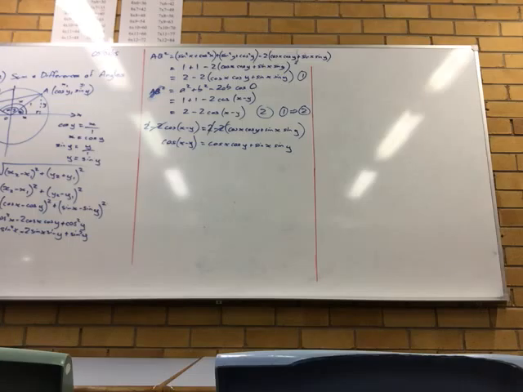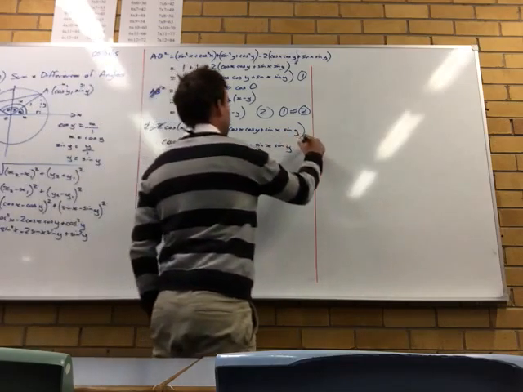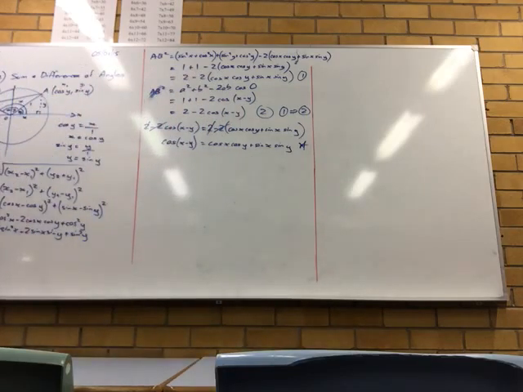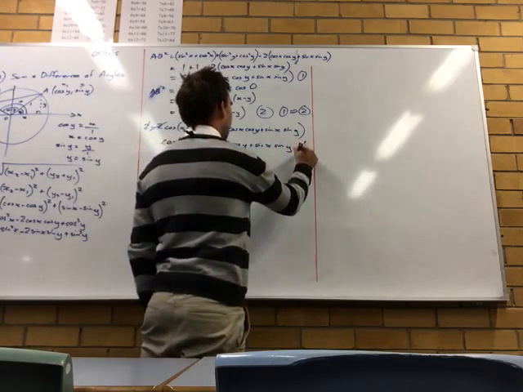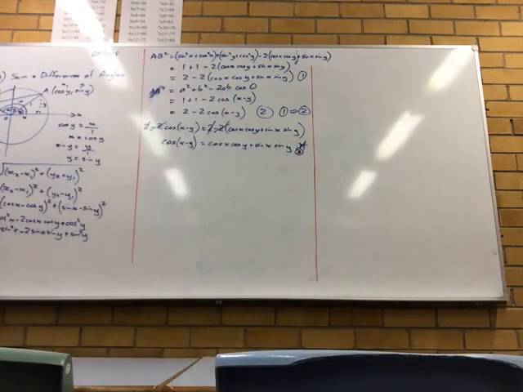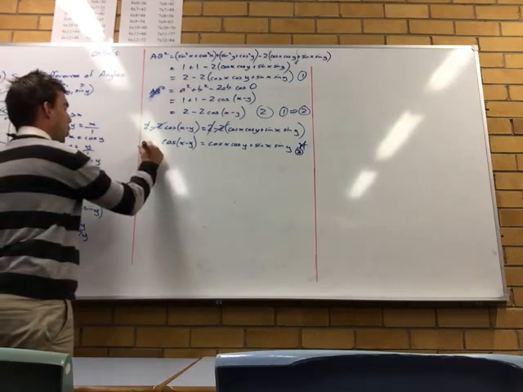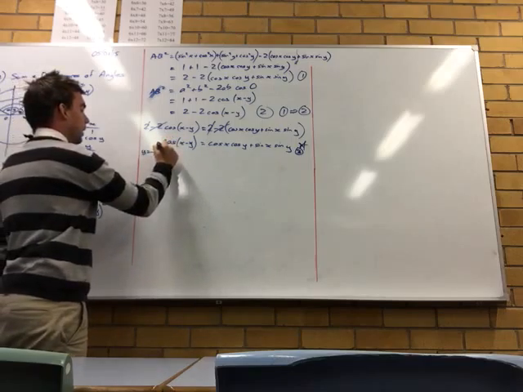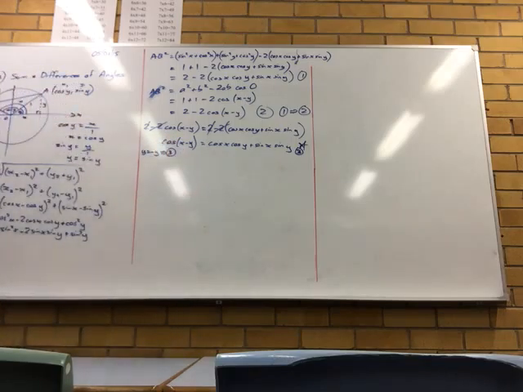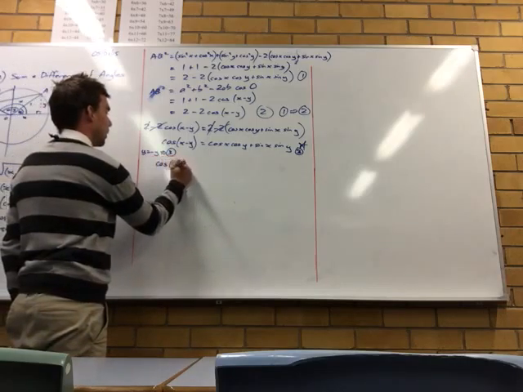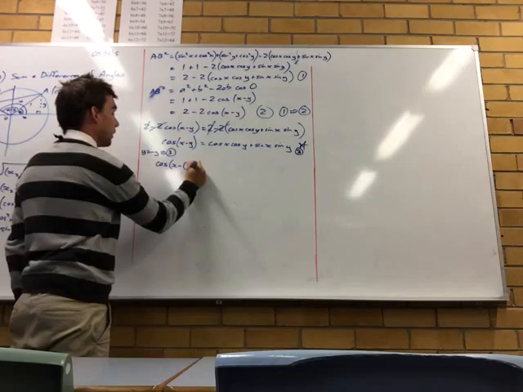Okay, that's the first one. Alright, that's your set. And I'll call it number 3. Alright, so now let's set y equals negative y into equation 3. Okay, so every time there's a y, I'm going to make it a negative y. So, cos of x take away a negative y.